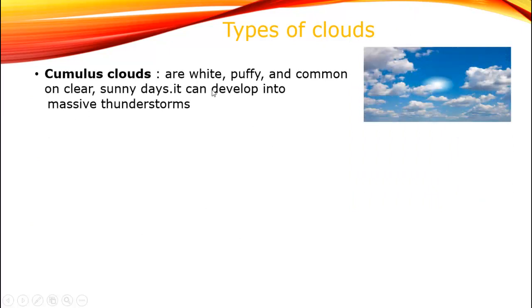They are white, puffy, and common on clear and sunny days. They can develop into massive thunderstorms. So they are white, puffy, a sign of clear and sunny days, but they can develop into massive thunderstorms.